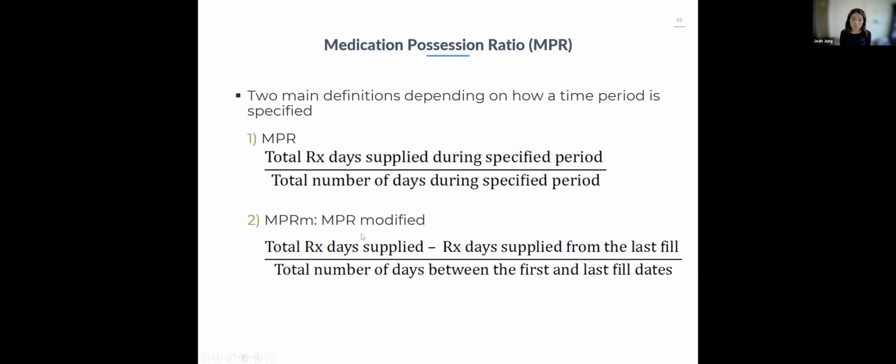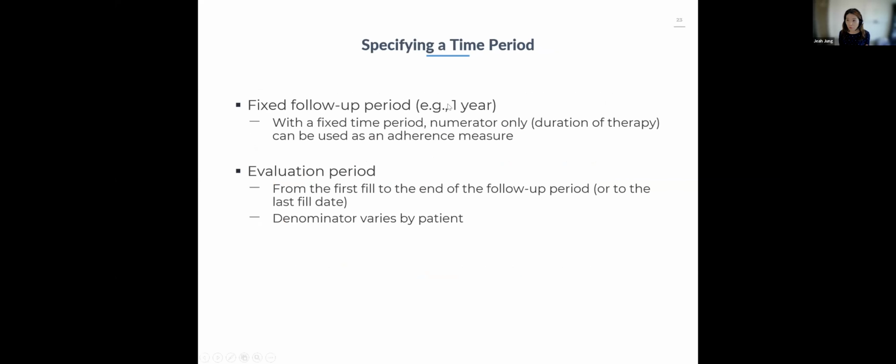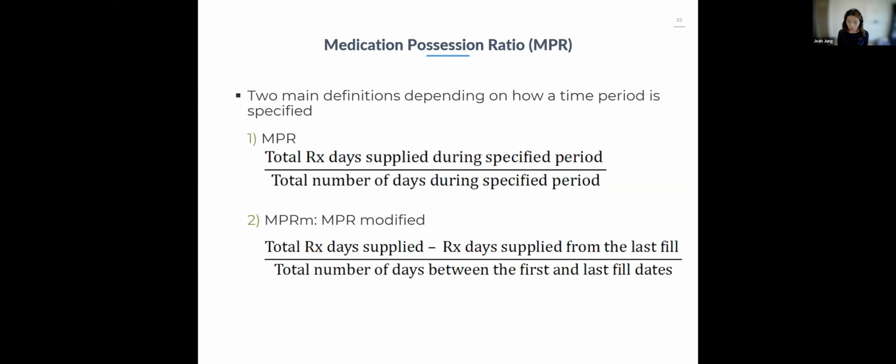And then some people came up with a slightly modified MPR measure, and basically just changed the denominator a little bit. Well, you know what? I know that I'm following up this patient for 1 year, or from April 1st to the end of the year, but I observed that this patient suddenly discontinued their medication on August 1st. So August 1st is this patient's last fill date.